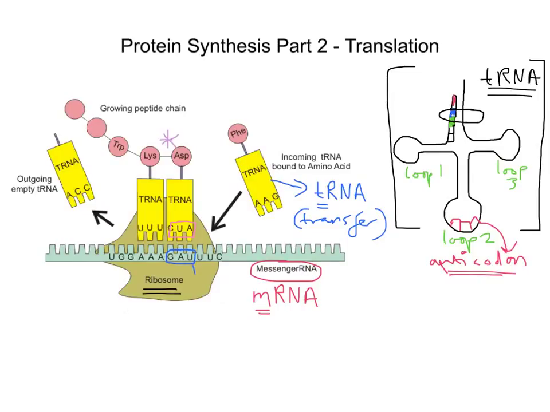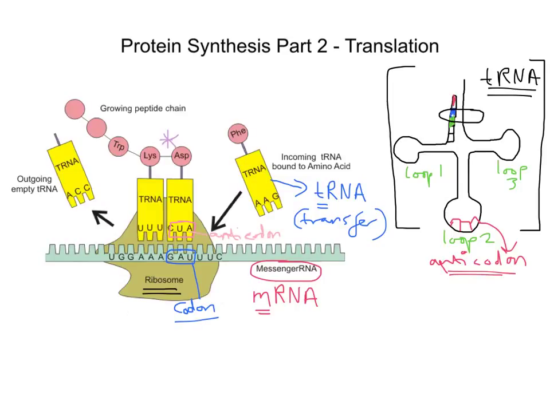So the 3 bases on the messenger RNA we refer to as the codon, and the corresponding bases we refer to as the anticodon, and you find the anticodon on loop 2 of the transfer RNA molecule.